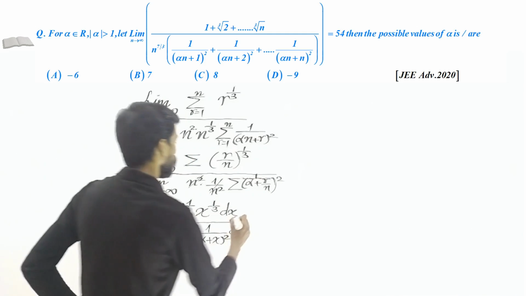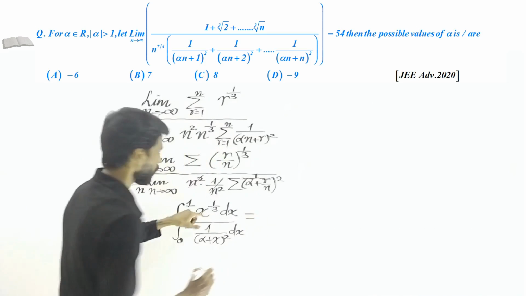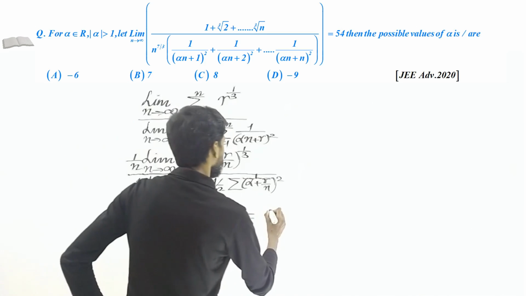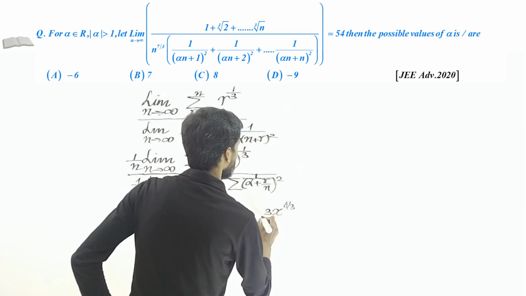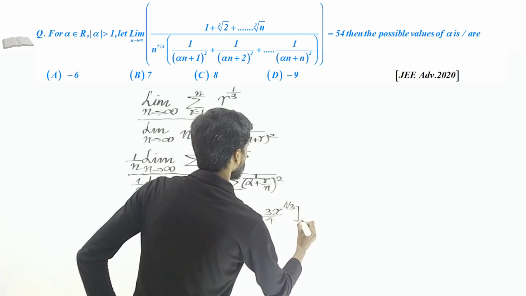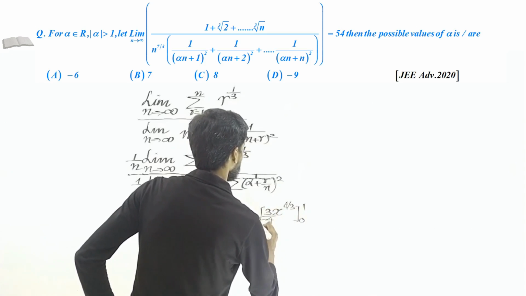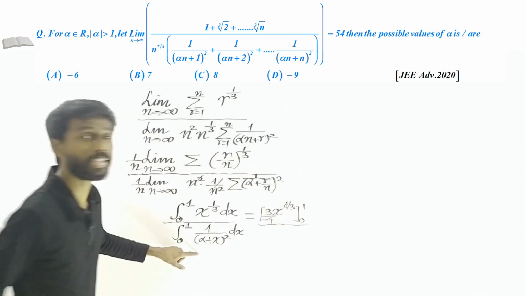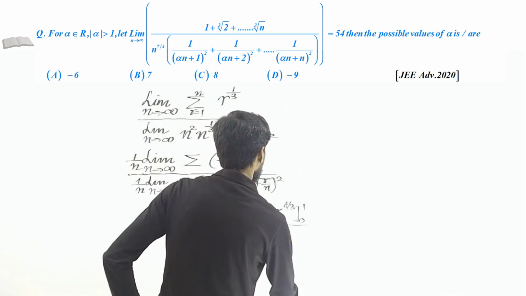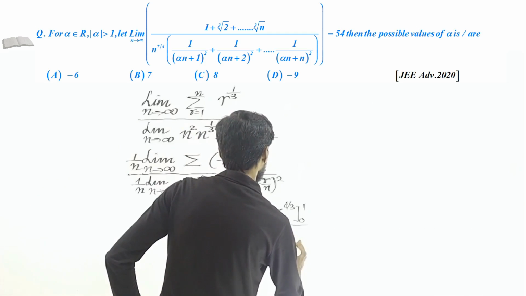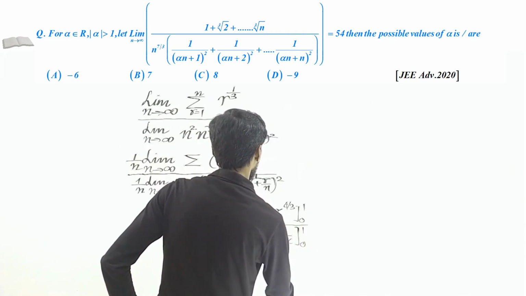So the numerator is x to the power 1 by 3. That integrates to x to the power 4 by 3 divided by 4 by 3, or we can write 3 by 4 x to the power 4 by 3, from 0 to 1. Similarly here, 1 by alpha plus x squared has integration minus 1 by alpha plus x, from 0 to 1.